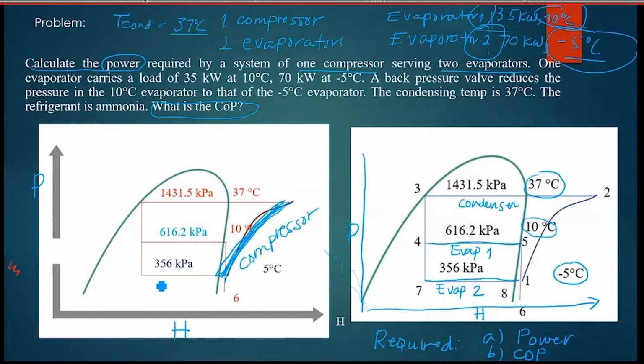This is the evaporator at the bottom. Why bottom? Because it has lower pressure, and lower pressure means lower temperature. In this case, we have two evaporators. The higher side, this line here, is the line that has to do with the condenser.